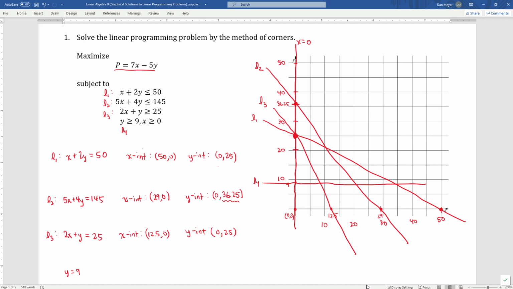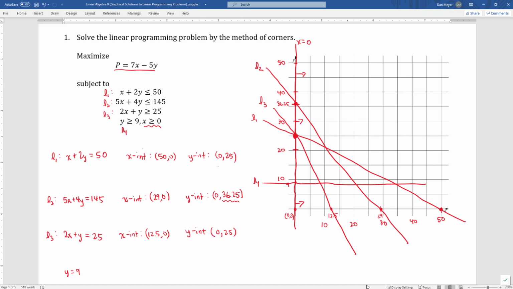Now we've got a bunch of different possible feasible regions here. We have to figure out which one we're looking at. So on all of these lines except for the x, let's see, x is greater than 0. That means we have to be pointing into the right half plane.